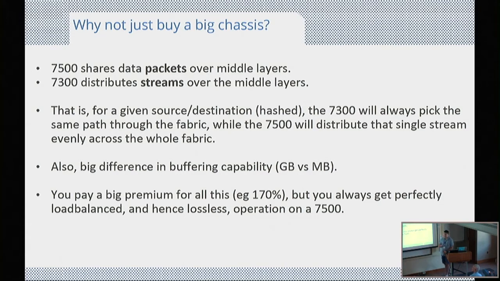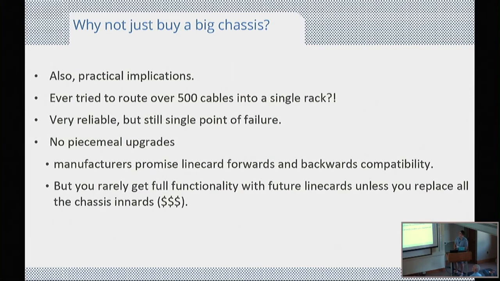That is, for a given source and destination, the 7300 will always pick a single path through the system, whereas the 7500 will spread that out over all available paths. There's also a big difference in buffering capability. The 7500's got gigabytes as opposed to megabytes. And you pay quite a big premium. It's almost double the price for this. But you get perfect load balancing and hence lossless operation under any conditions on a 7500.